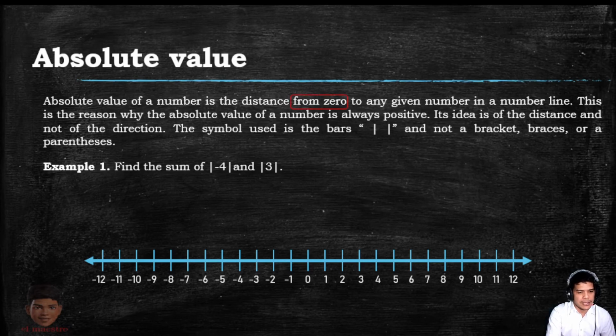So, again, from 0, first, let's find the absolute value of each given. First, we'll find the absolute value of negative 4. So, from 0 to a given number line, which is negative 4. How many units from 0 to negative 4? Then, we know that that is 4 units.